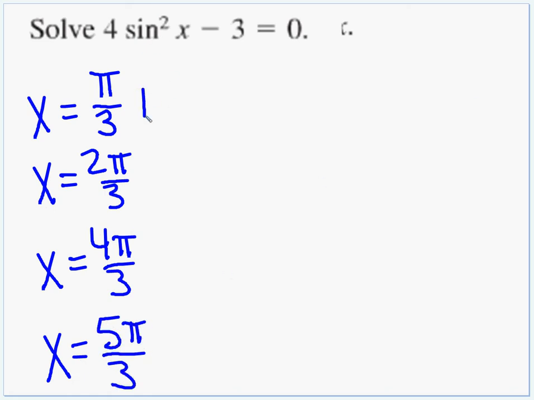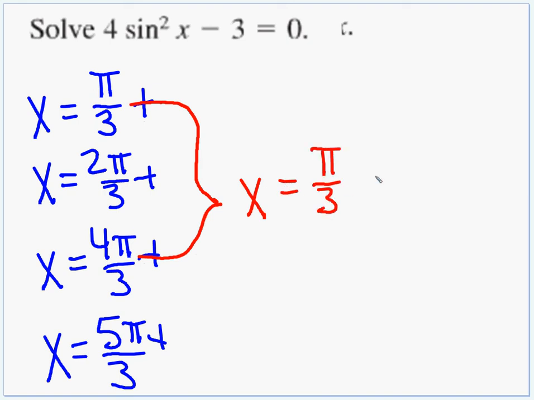Now each of these would have a plus 2 pi n. I'm just going to save my time copying and writing that down. And remember, the ones directly across from each other are able to be combined. So I'll use red ink for this one. That's going to be the pi over 3, and straight across from it is the 4 pi over 3. So we go with the smaller, the pi over 3, and we're going to add not 2 pi n, but a 1 pi n.